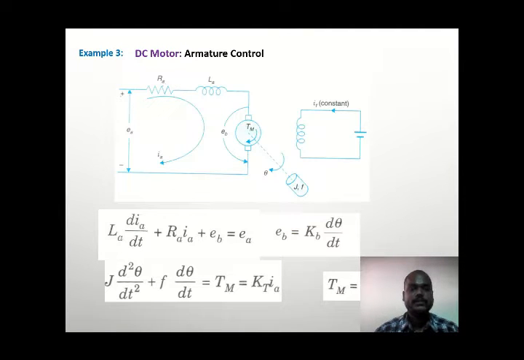Second equation, from the electrical side, we have Tm, which is the motor torque, equals Kt, the torque constant, multiplied by the armature current.